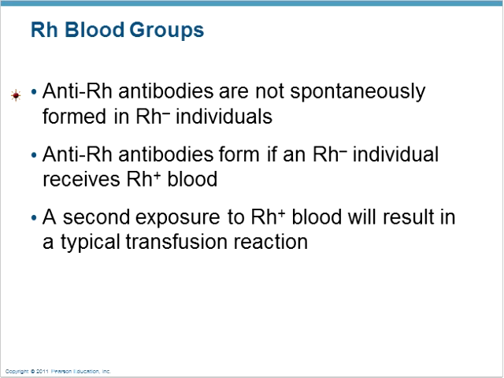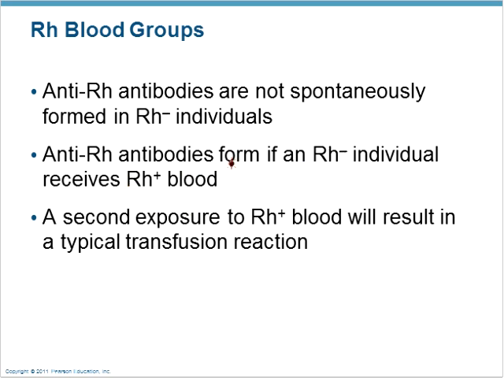We do not naturally produce anti-Rh. So if you're Rh negative, you don't naturally produce anti-Rh, unless you come in contact with transfused blood of the opposite type. Anti-Rh antibodies form if an Rh negative individual receives Rh positive blood.